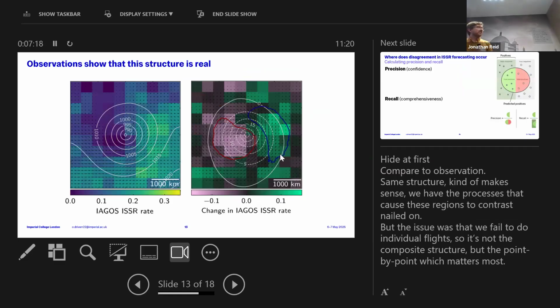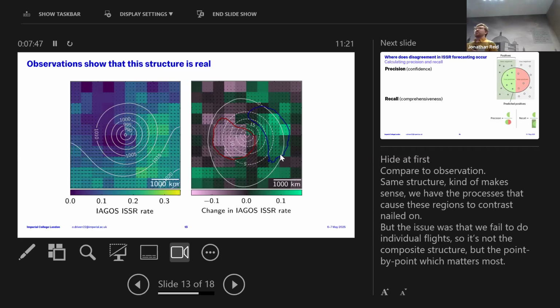So what we're really interested in is how well those model structures, which are easily identifiable, capture the observed state, the true state of the atmosphere. And when we composite the observations in exactly the same way, they're much more sparse, but you still see the same kind of structure, which is good because it basically means that the model's not hallucinating anything.